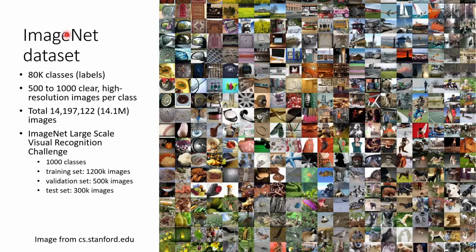But the second problem would be, how do you label those images? If you have 14 million images, how would you label them? That's the real problem she and her students encountered. In the beginning, they tried to label them by themselves, but it was too difficult. There were too many images to do it.